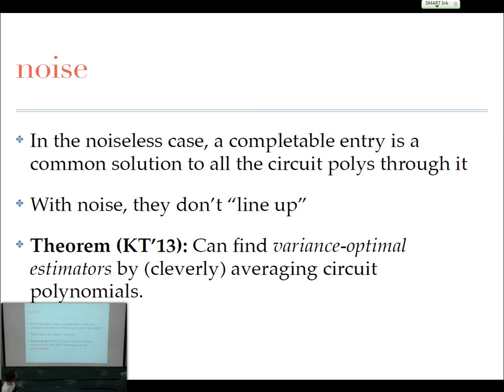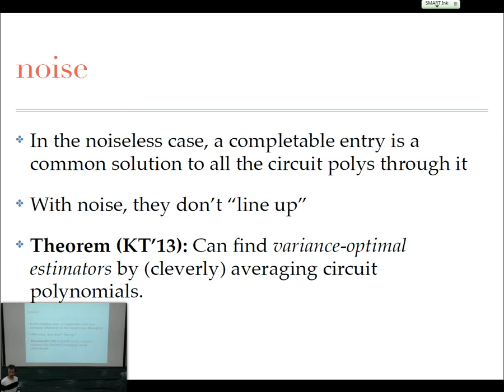And so, of course, with noise, this won't happen anymore. So if you just plug in what you observed into the right form of these polynomials, things don't work. But still, another theorem of Franz and myself is that this idea can still be made to go. So what you do is you naively start.